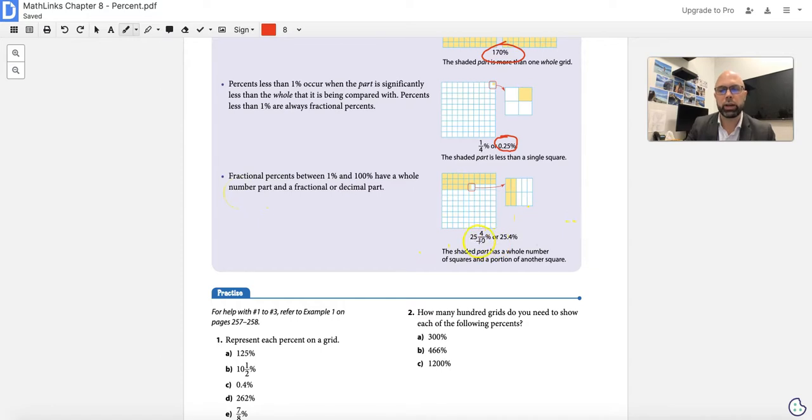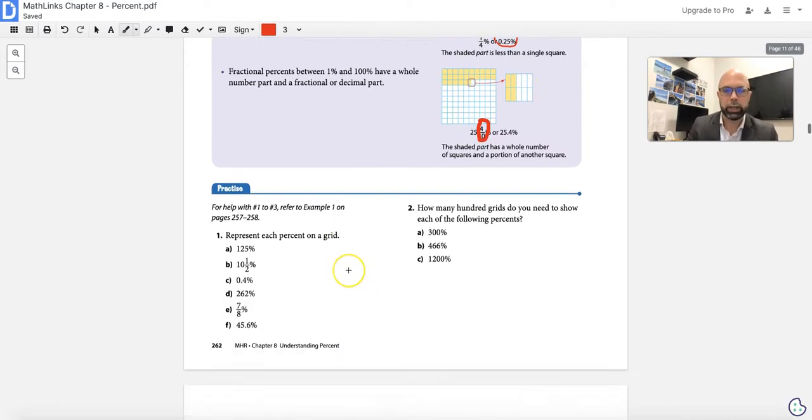So we've got 25 and 4/10%. We're going to shade in 25 wholes. They've done that here. And for the 4/10 part, I want my smaller marker. We need to zoom out to show just 4/10 of 1%, and that's what they've done here.